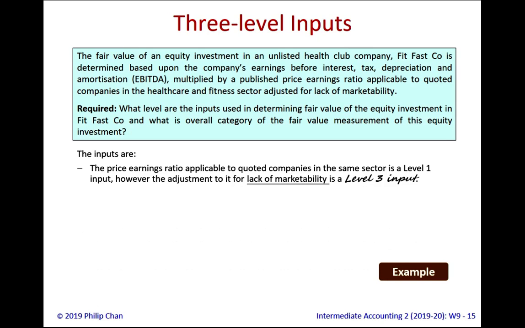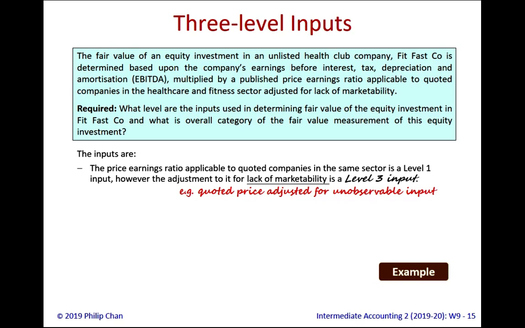The first component is in fact the PE ratio. But that PE ratio is applicable to quoted companies within the same sector. In principle, it should be level 1. But because FIT-FAS is an unquoted company, we have to adjust it for lack of marketability. So that means we have to adjust the quoted price for unobservable inputs.